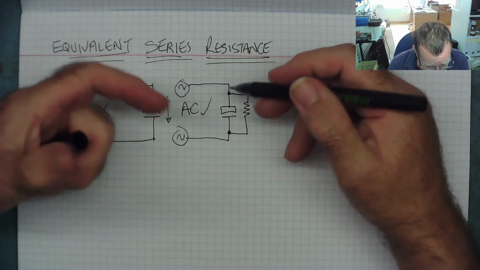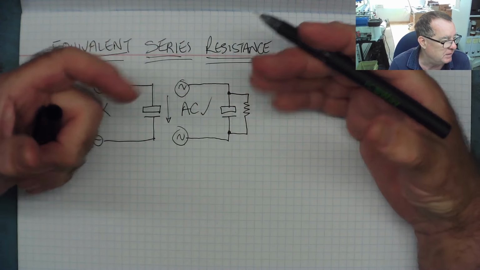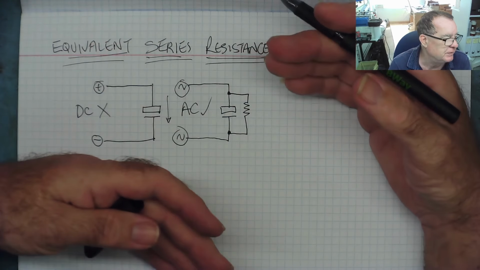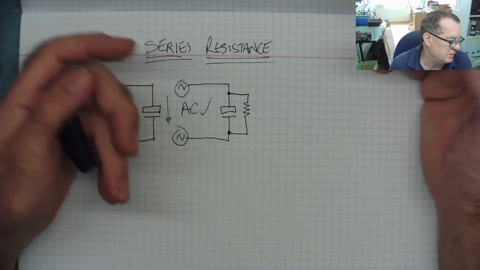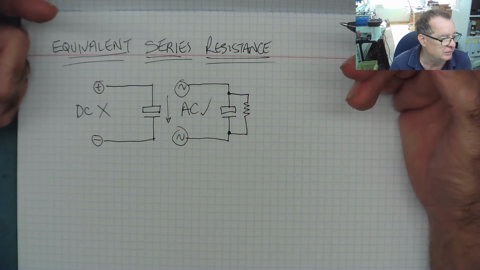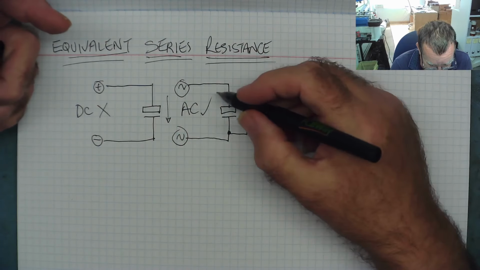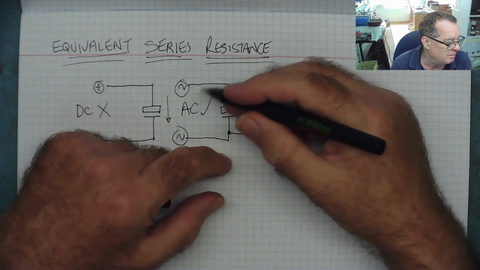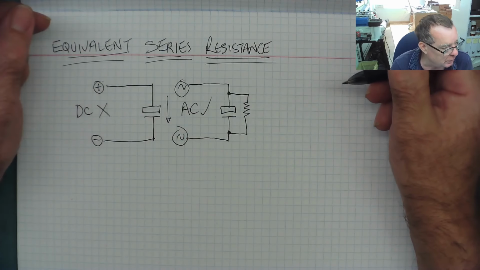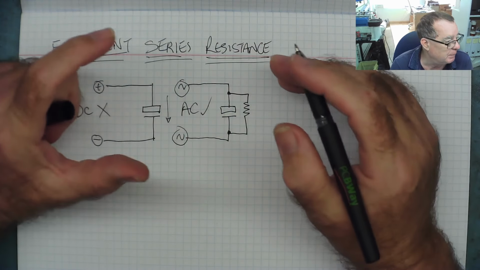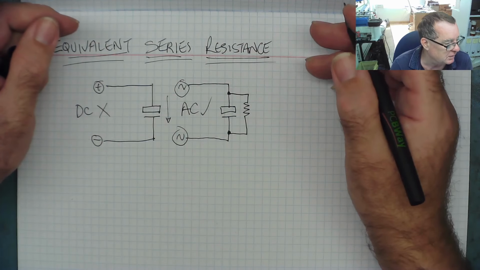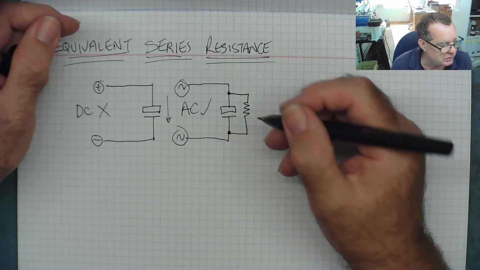So an ideal perfect capacitor would be open circuit to DC and short circuit to AC, basically. But there's no such thing as a perfect capacitor. However, some capacitors are better at passing an AC signal than others. And this becomes important in high frequency circuits, especially high frequency switching circuits.